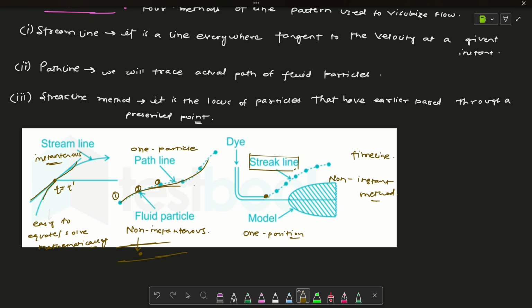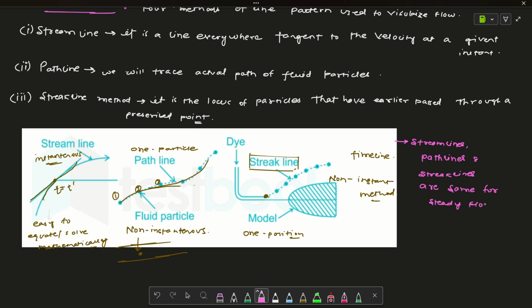One more important point to note here is that streamlines, pathlines, and streaklines are the same for a steady flow.